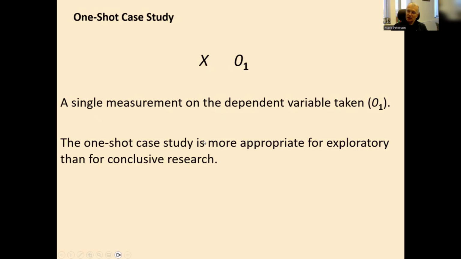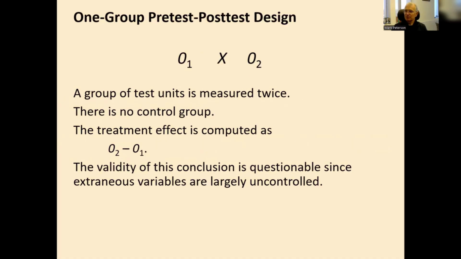This is not the gold standard in research, but sometimes in exploratory research, it's helpful to just understand how people might respond to such studies. Then you could have an observation on the front end, then the treatment, and then an observation afterwards.